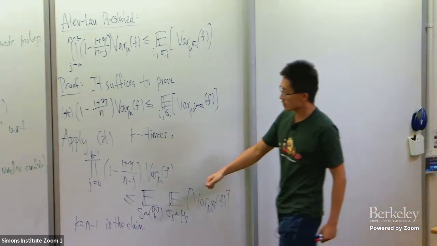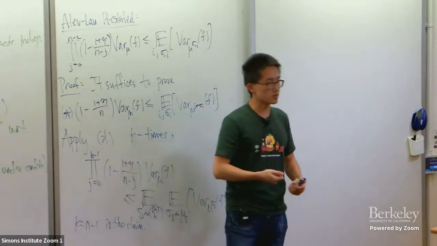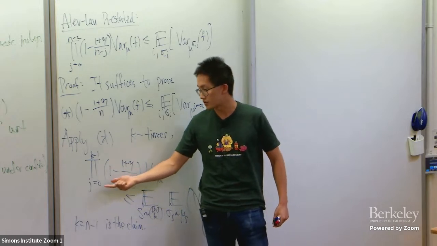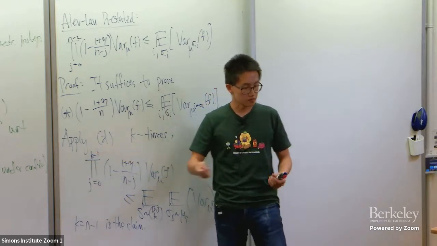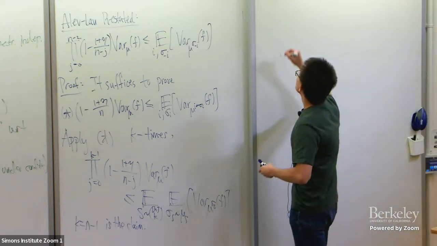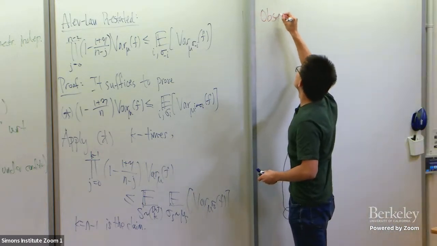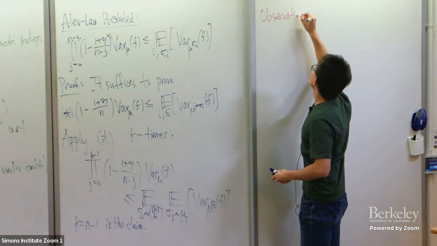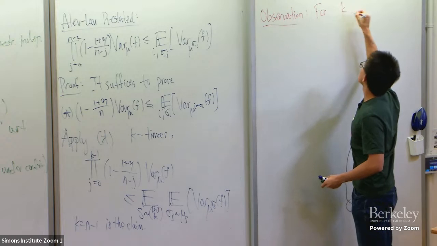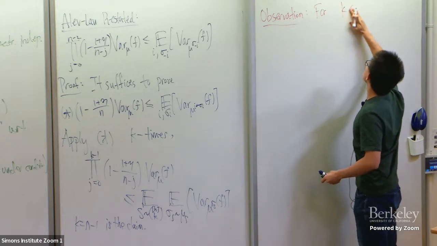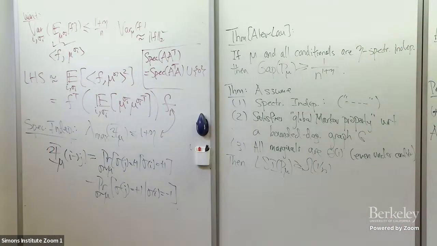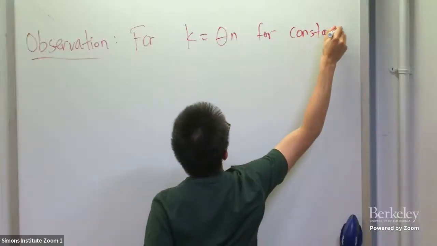Somehow things are very good for small j, right? Because I'm only losing 1 minus a tiny little bit. Things are only getting really bad if j is getting close to n. So here is the observation. Let's say I assume k is equal to theta n, for some constant which I get to pick.